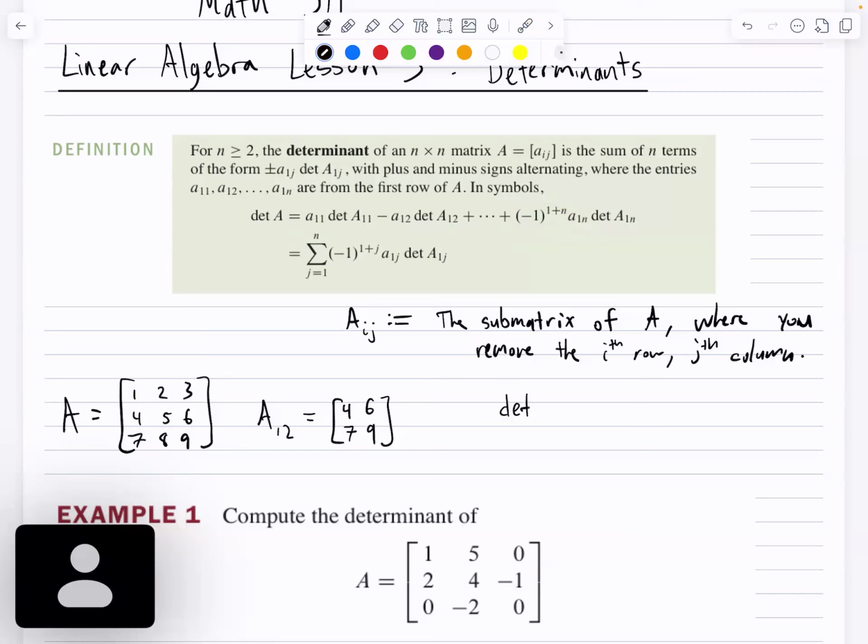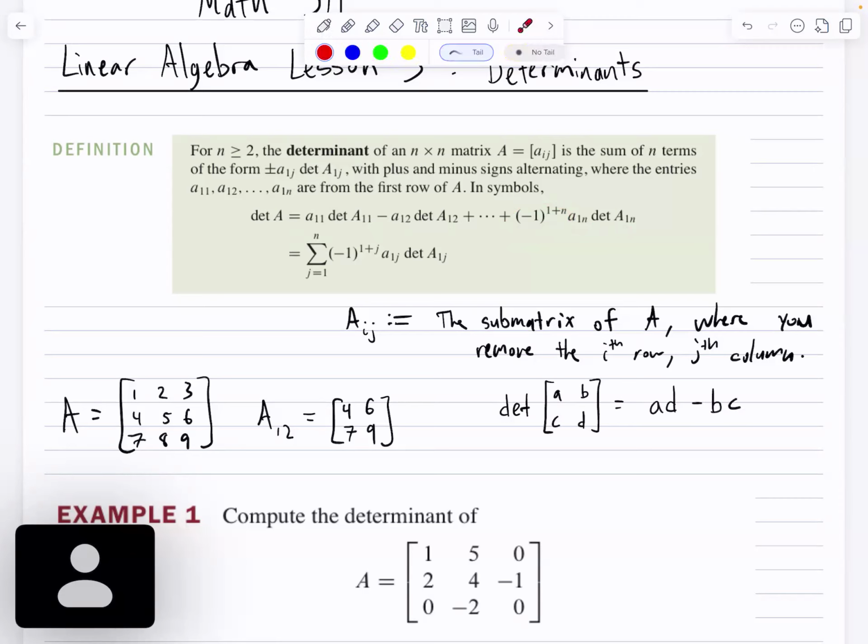The determinant of a 2 by 2 matrix I defined in Calc 3 class, but for those of you who have not seen it before, if you have a 2 by 2 matrix, the determinant will just be AD minus BC.